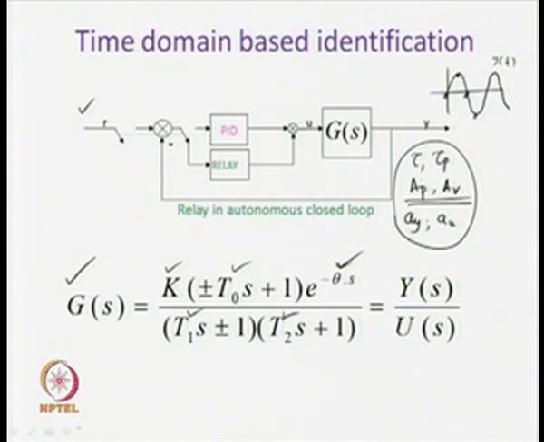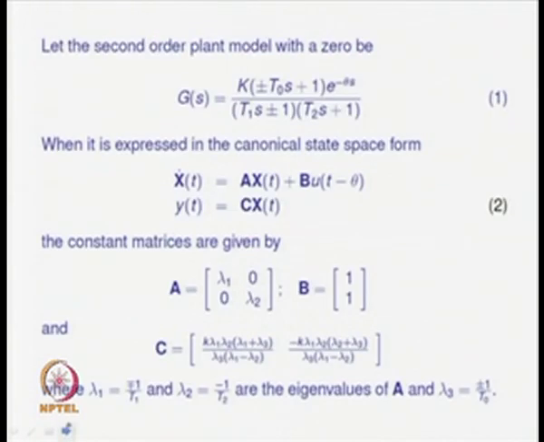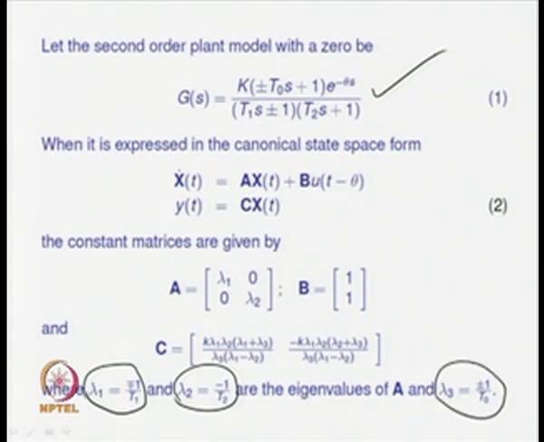Now, I will go to the next slide, which I have been showing since the last 2 to 3 lectures. The reason is that the standard second order plant model with zero is given by this form, having lambda 1 expressed as minus 1 upon T1, lambda 2 expressed as minus 1 upon T2 and lambda 3 expressed as plus or minus 1 upon T0.